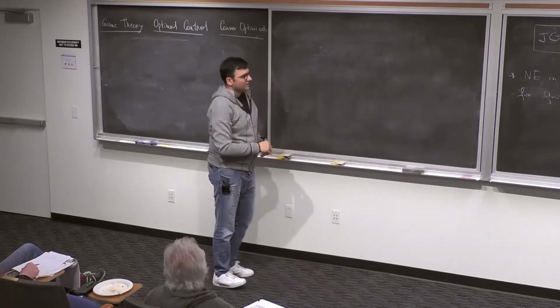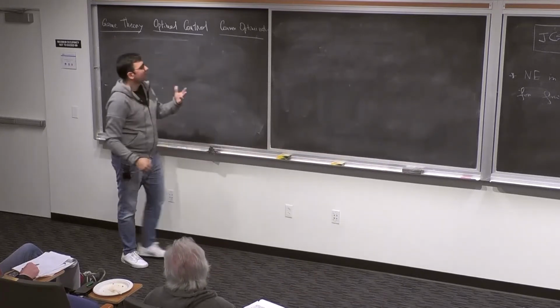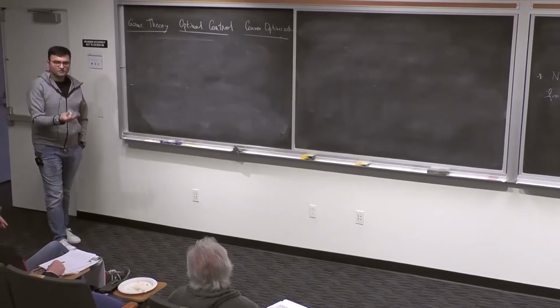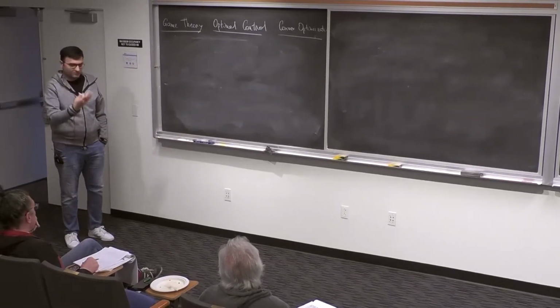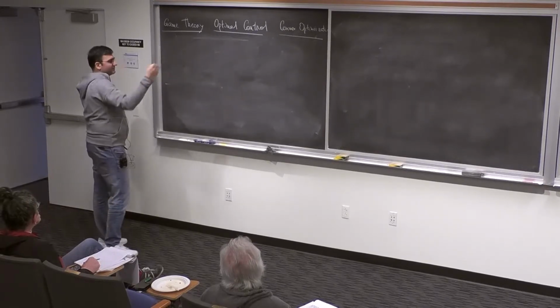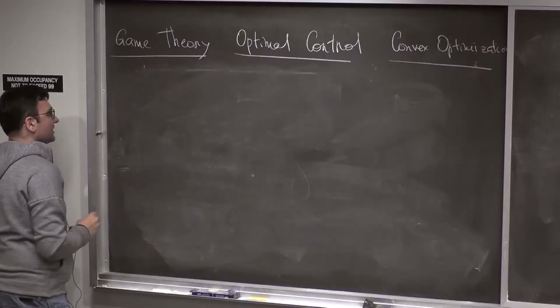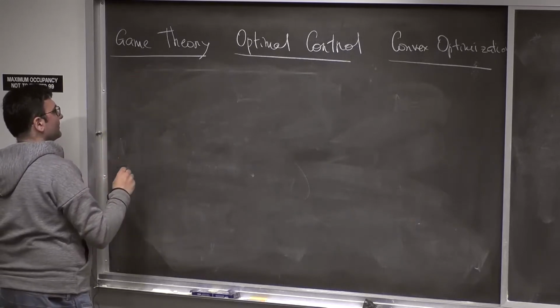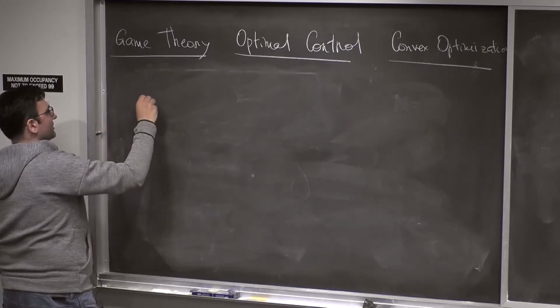Okay, so let's assume now that we're looking at harder games. So these are not now static and simple games like I was saying. So let's suppose that we have the following optimal control problem.